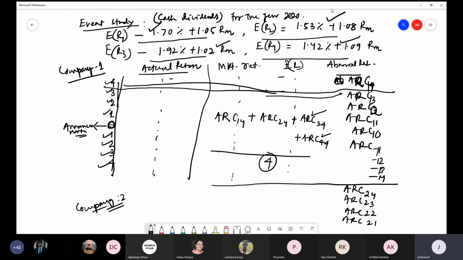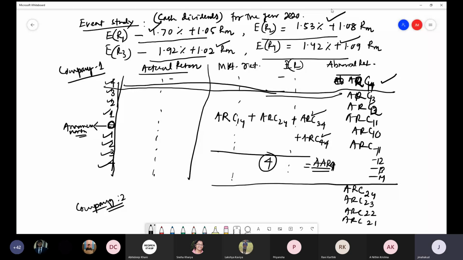Right? So this is basically what we can get. For this period, average abnormal returns we can calculate. AR4, just for example, we can write.